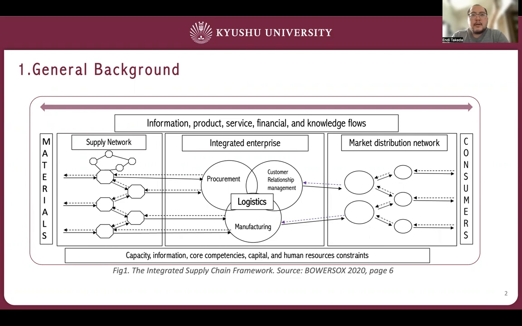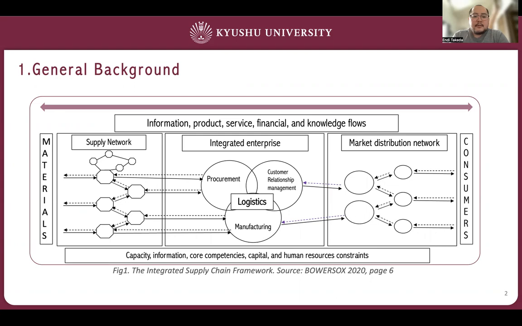It doesn't deal only with the flow of product in one direction. It can actually go in both directions, and it can deal also with information, services, financial, and knowledge flows. And it becomes something more like a web instead of just one line.